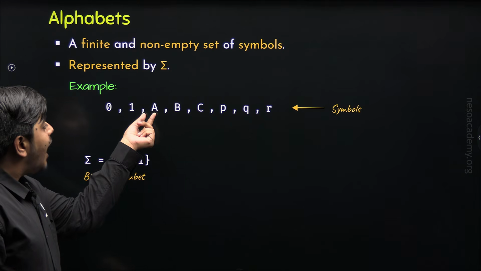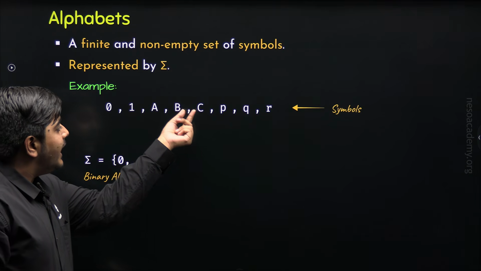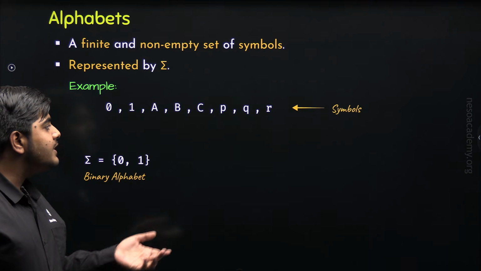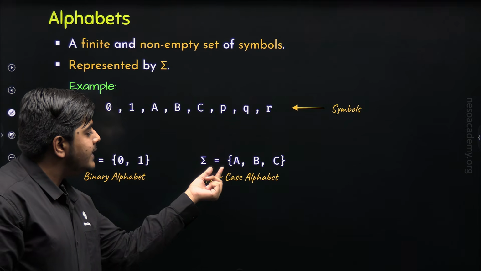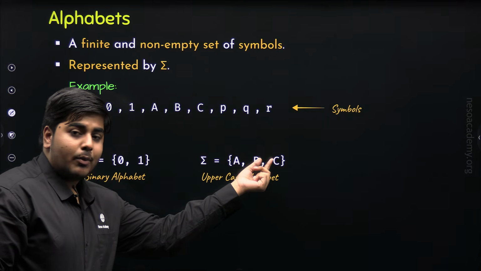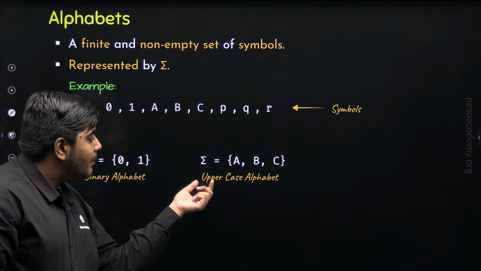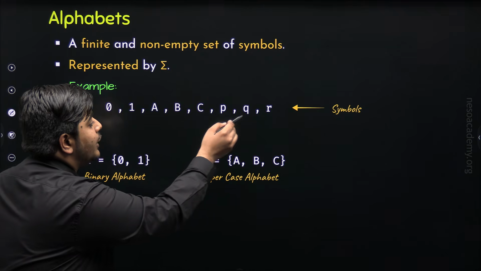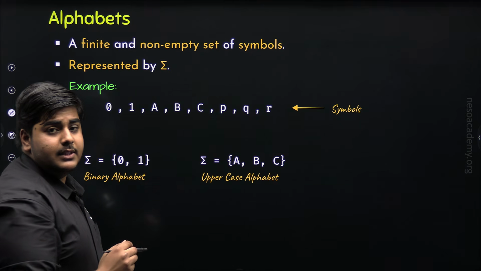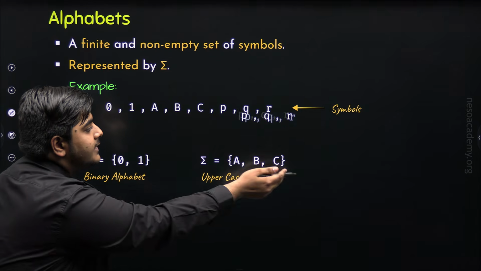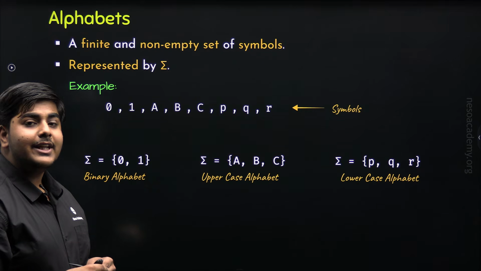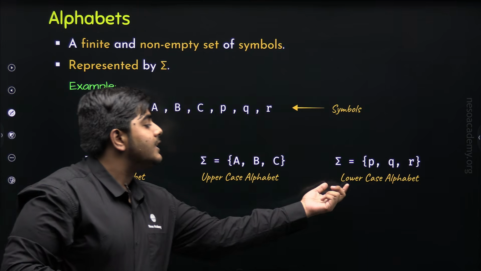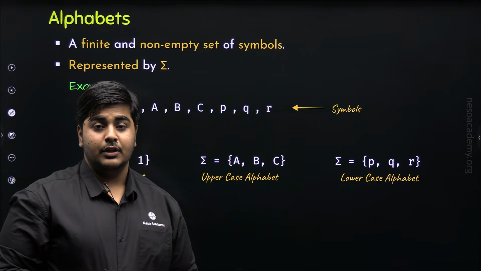If I take uppercase A, uppercase B and uppercase C, this will form a set sigma is equal to {A, B, C}, which is called as an uppercase alphabet. Similarly, if I take p, q, r, all lowercase symbols, it will create a set sigma is equal to {p, q, r}, which will be called as a lowercase alphabet.